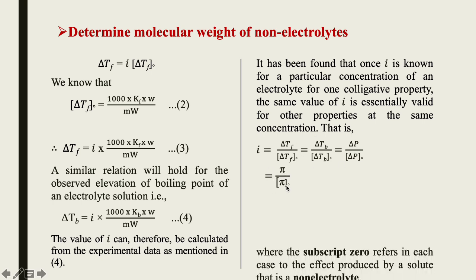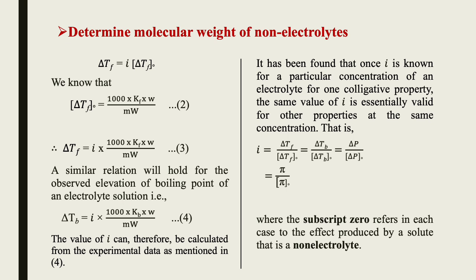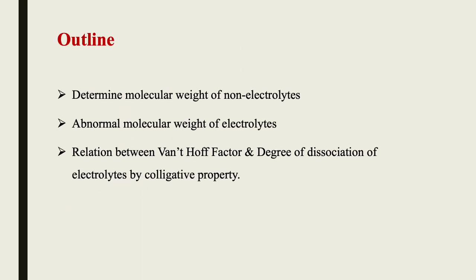This is the constant. In all cases the subscript 0 refers to the effect produced by the solute that is a non-electrolyte. So at the bottom it's a non-electrolyte and on top it's an electrolyte. The subscript 0 will always refer to the non-electrolyte equation or value.